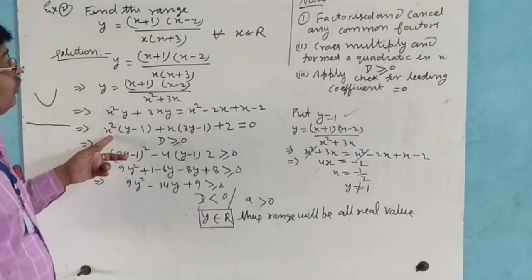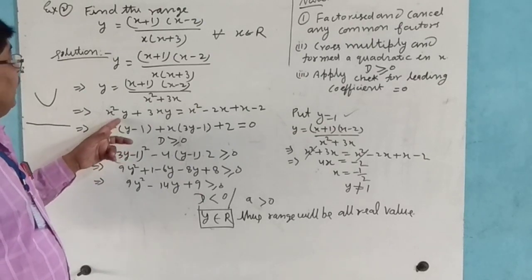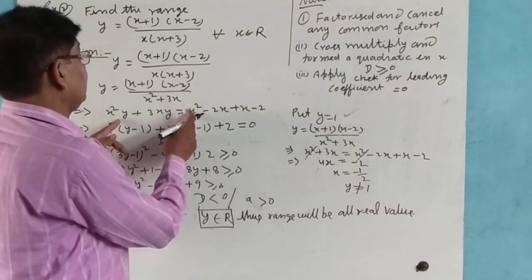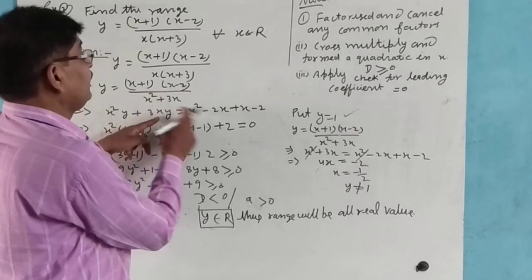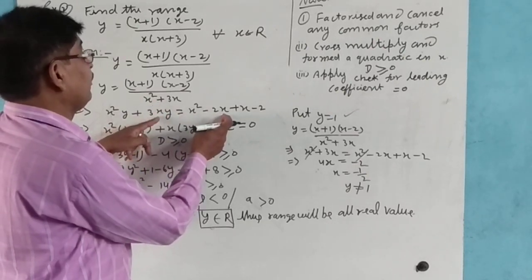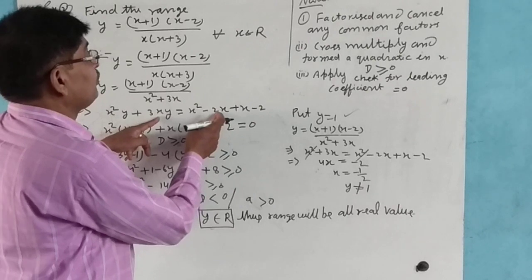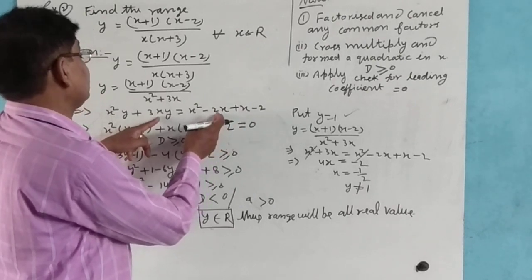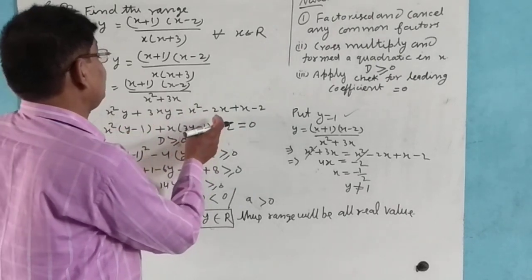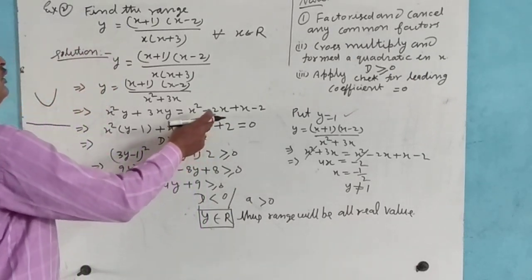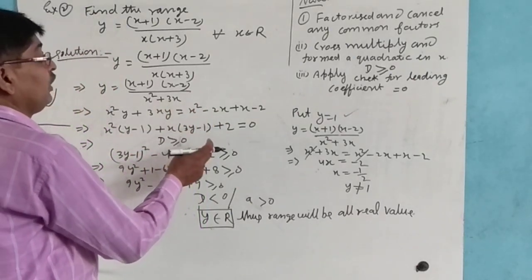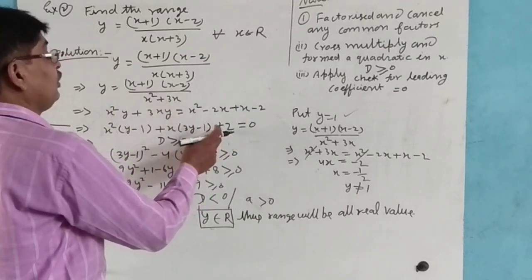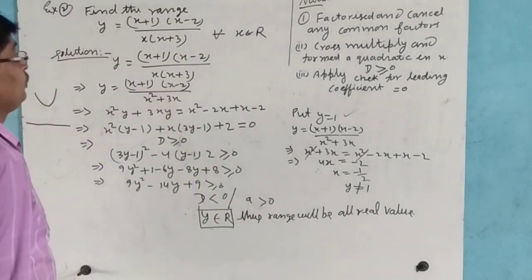Then x square y and here 1, and x 3y, and this minus 2x, x minus 2, and this is 3y minus 1 and this comes here plus 2.